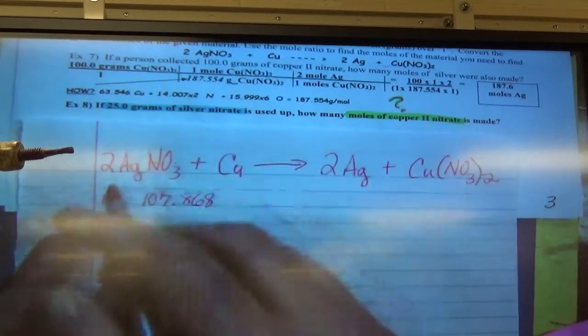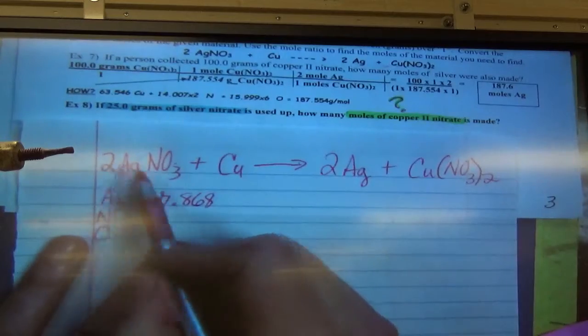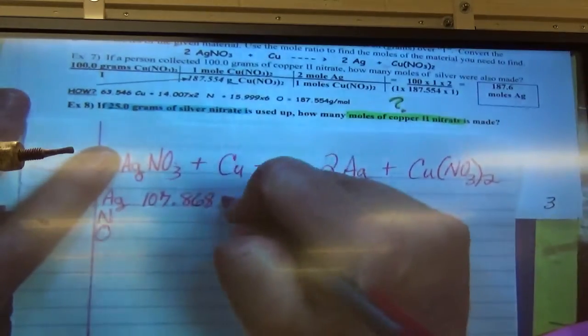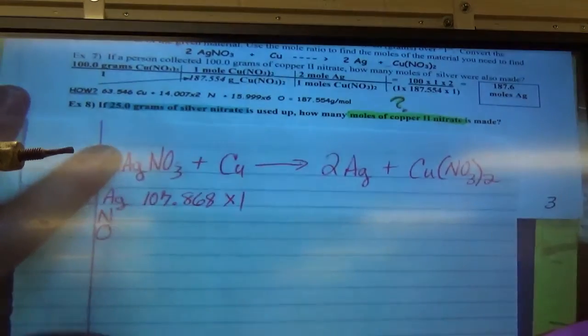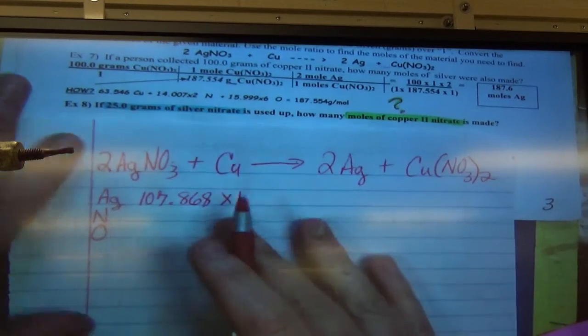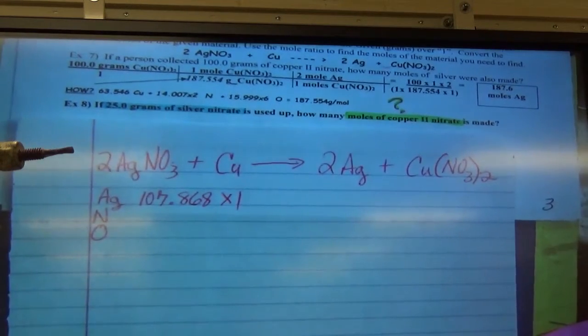How many silver are in this formula? Now, don't look at the coefficient, just the formula. Well, just 1. Yeah, that's why we're doing this kind of question. Do not use the coefficient as part of the formula. The coefficient is not part of the formula. Subscripts for sure, but not the coefficient, all right? That is a very, very common error.